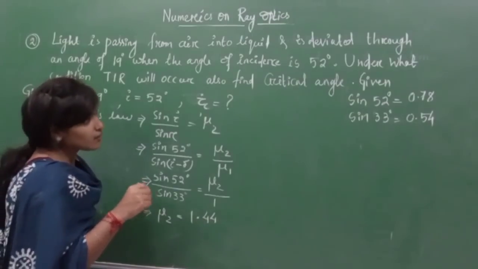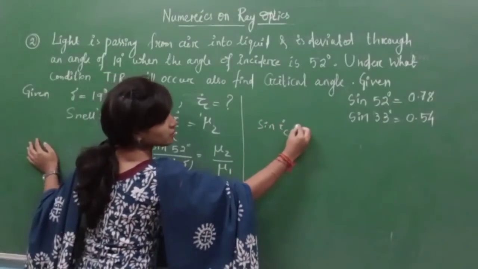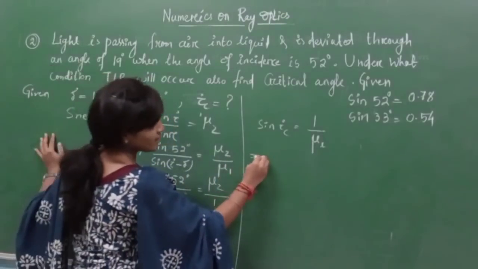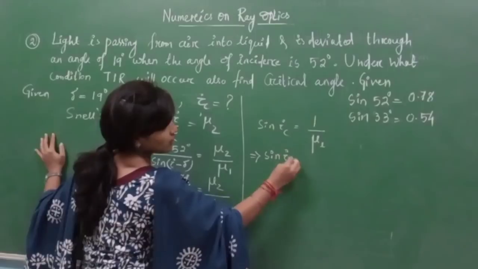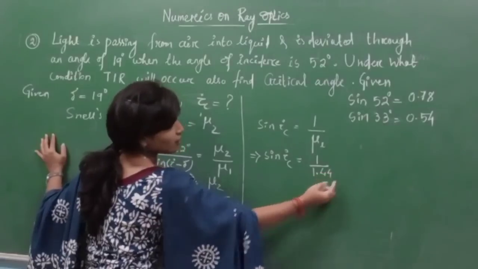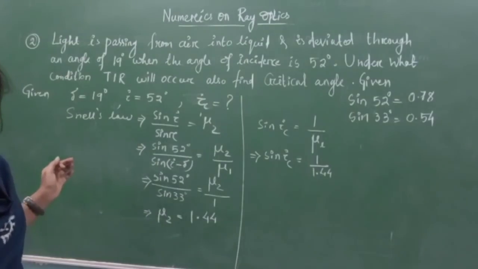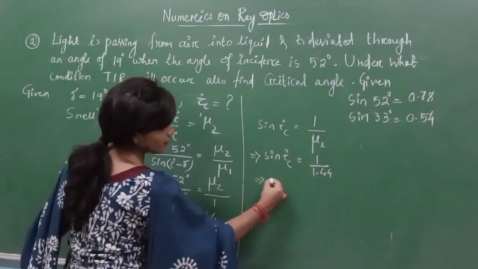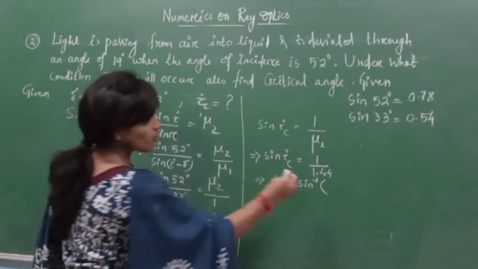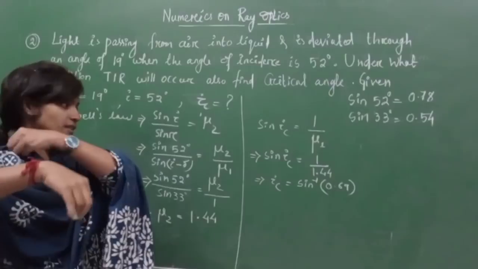The TIR formula is sin IC equals 1 by mu of the liquid. Mu of the liquid we found is 1.44. Substituting and calculating, IC will be sin inverse 0.69.